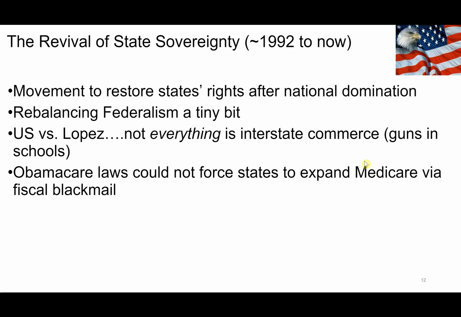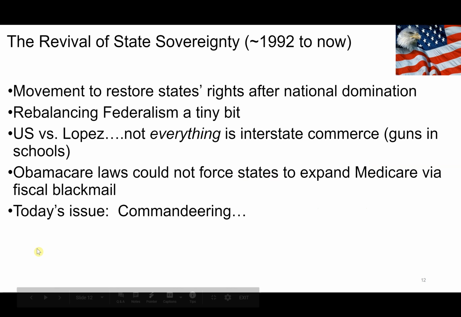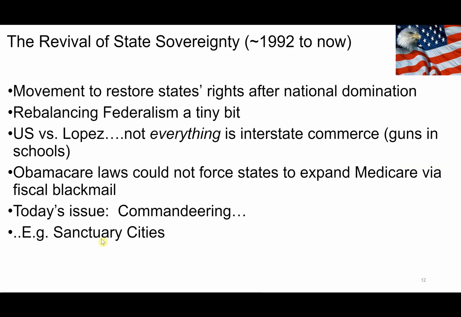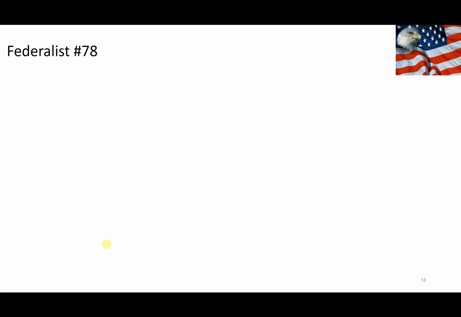The Supreme Court also decreed that Obamacare, or the Affordable Care Act, could not force states to expand Medicaid via fiscal blackmail. And today's issue is dealing with commandeering, specifically with the issue of sanctuary cities, and quite potentially with the coronavirus outbreak: the current president's push to open the states, but many states adamantly refusing to reopen.